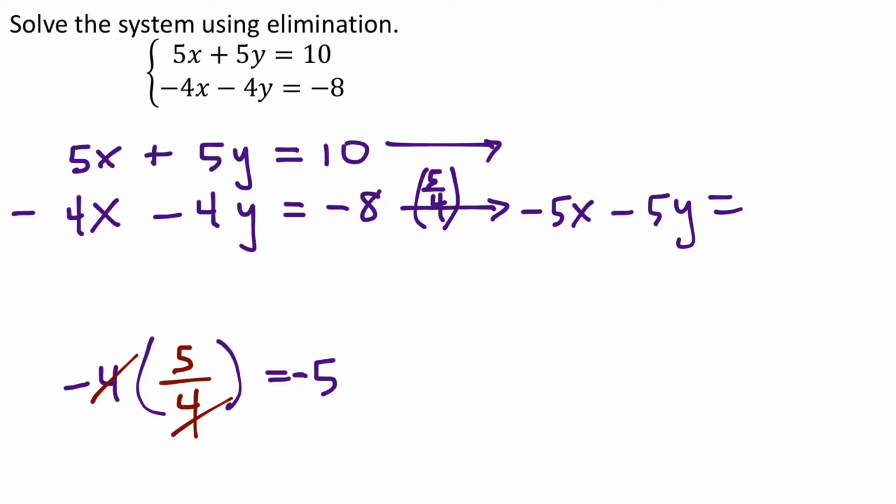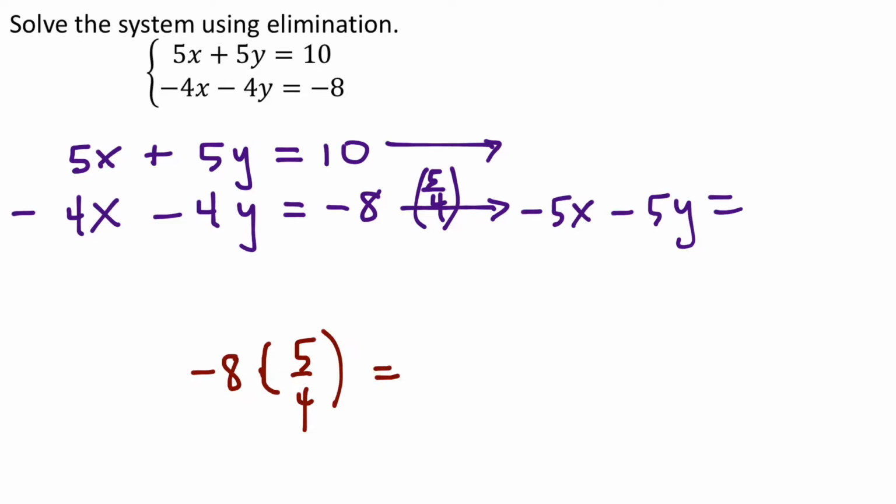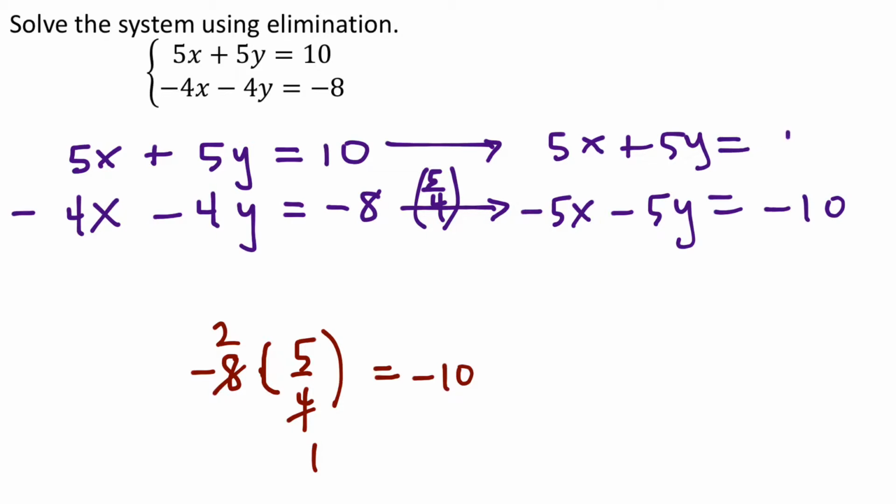And then that negative 8 here on the end, if we multiply it by 5/4, let's cancel out the 4 and make the negative 8 and negative 2, so that's negative 10. So on the right here, I've got negative 10. All right, then on the top, I've got 5x plus 5y is equal to 10.